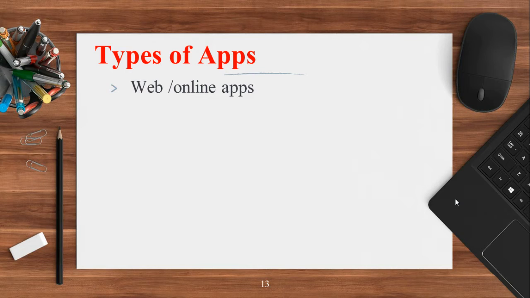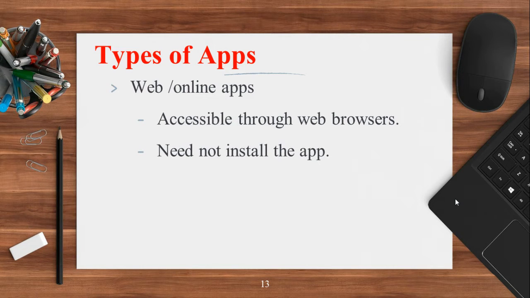Through the internet, whatever you access, whatever you need to download or do any process, if you want to purchase something, anything you do through browsers, we call it web or online applications. So it is accessible through web browsers. Okay. You need not install the app. You can directly go to the web browser, to the Google address bar or any web browser address bar, and type the content you want so that it will display the information. You can either purchase or search, you do whatever you want.